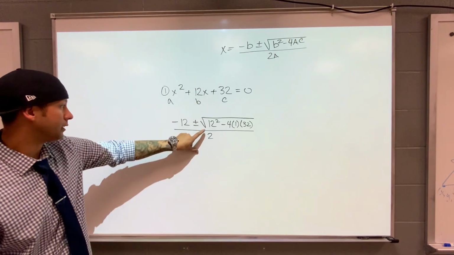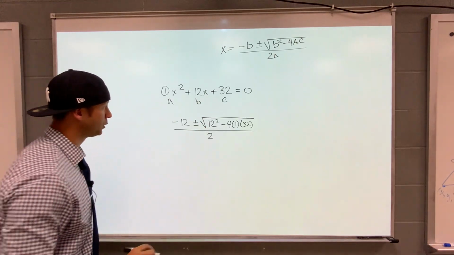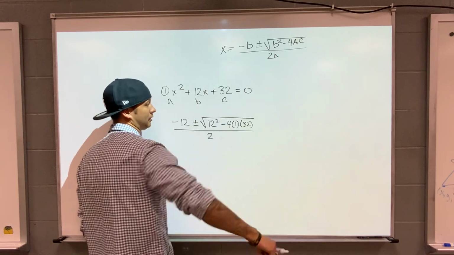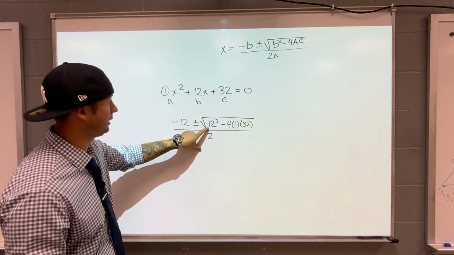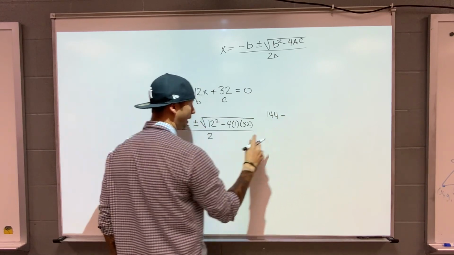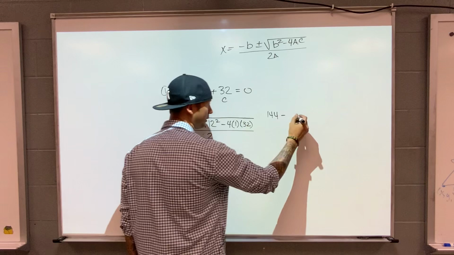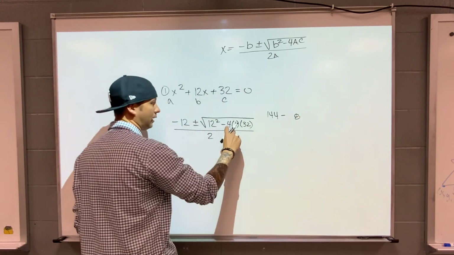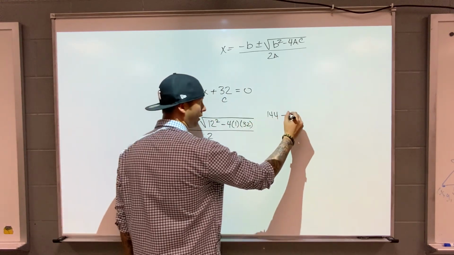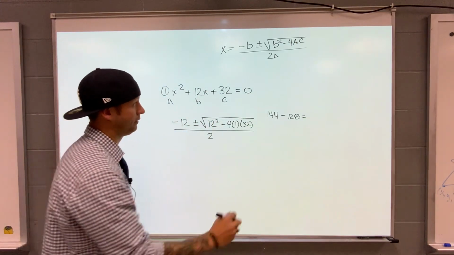Do a quick little analysis of the discriminant, the part inside of the square root. This will tell us how many answers we should expect to see. So 12 squared is 144 minus 32 times 4. 4 times 2 is 8. 4 times 3 is 12. So this is going to be a positive number for sure.